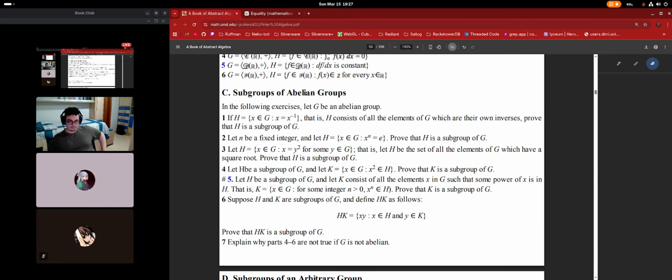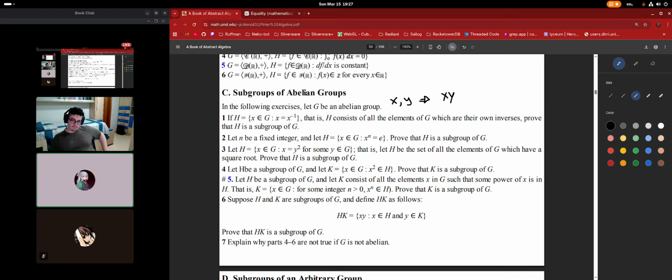You have to prove that, given two arbitrary elements X and Y from this subgroup H, you know that they are each their own inverses, so you don't need to check if the inverses are in the group because that's true by how it was constructed. But you need to check that xy has an inverse in H.